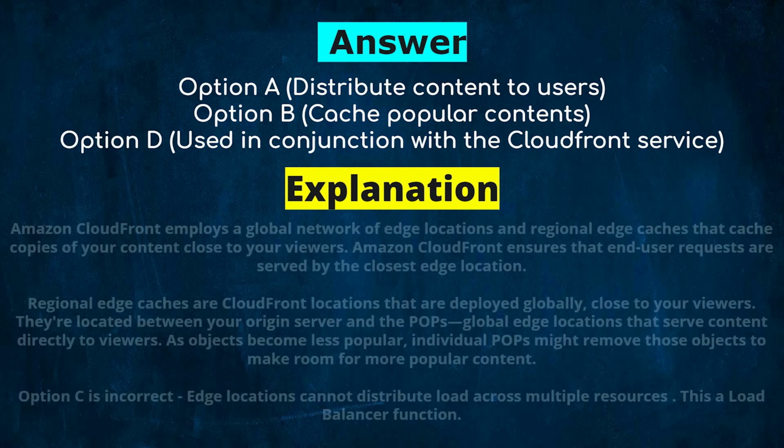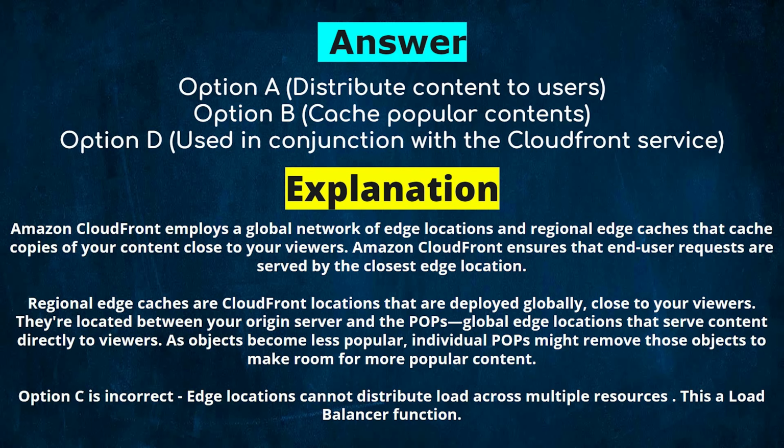Explanation. Amazon CloudFront employs a global network of edge locations and regional edge caches that cache copies of your content close to your viewers. Amazon CloudFront ensures that end-user requests are served by the closest edge location. Regional edge caches are CloudFront locations that are deployed globally, close to your viewers.